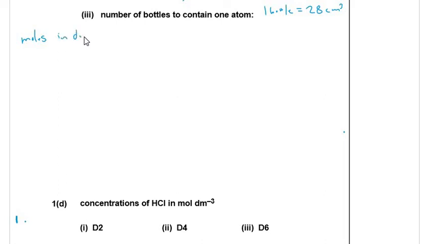So moles in a decimeter cubed is going to be 2.06 times 10 to the minus 29.